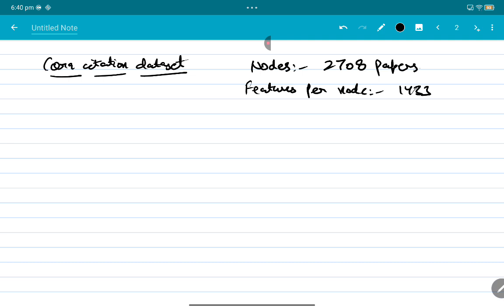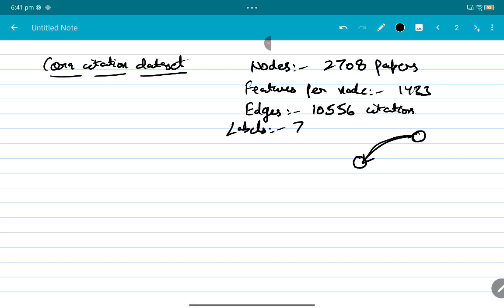Now we also have edges. There are around 10,556 citations. Citations link one paper with another paper, like one paper is cited by another paper, or this paper is also cited by that paper, vice versa. And there are 7 categories of research papers.